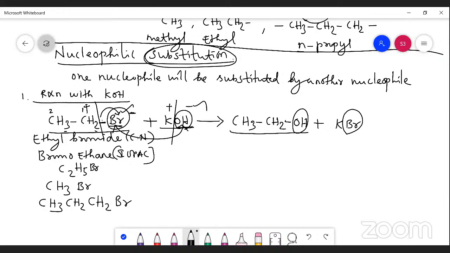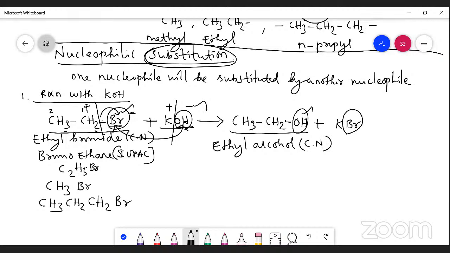Then we can see what the compound name is here. We know already the possible functional group. Here this is OH. OH means alcohol. What type of alkyl group is present here? Ethyl. So my name is ethyl alcohol. Ethyl alcohol is a common name.